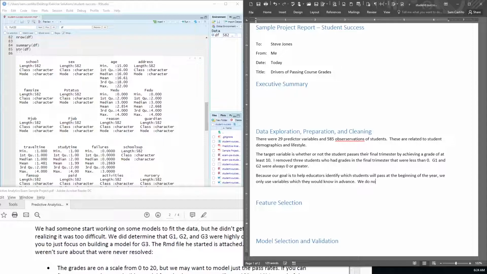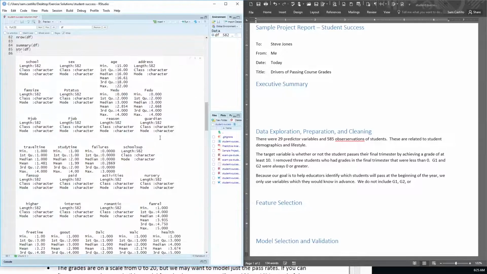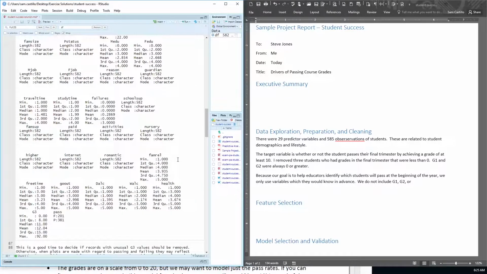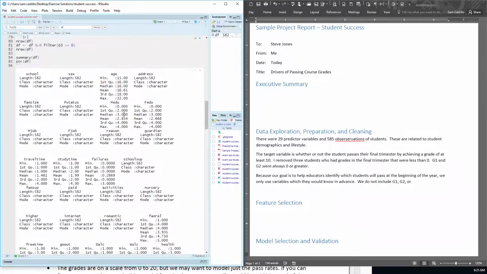We do not include the G1, G2, or school failures, which would not be known.